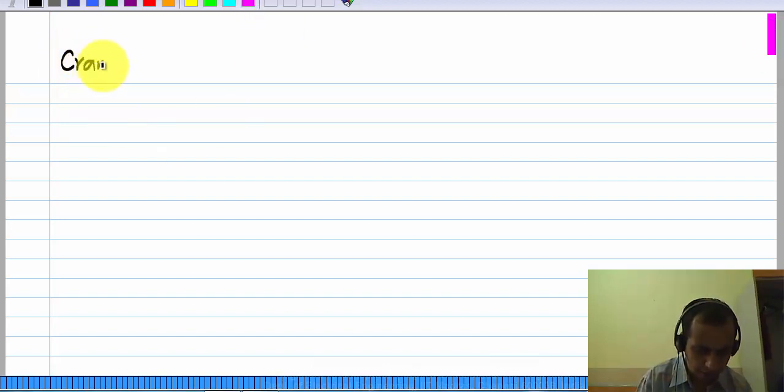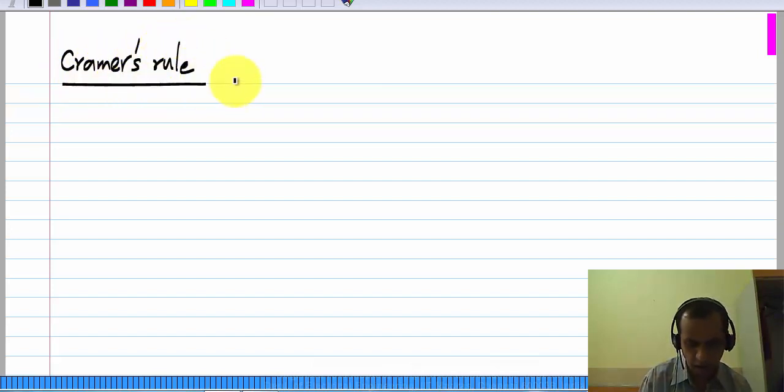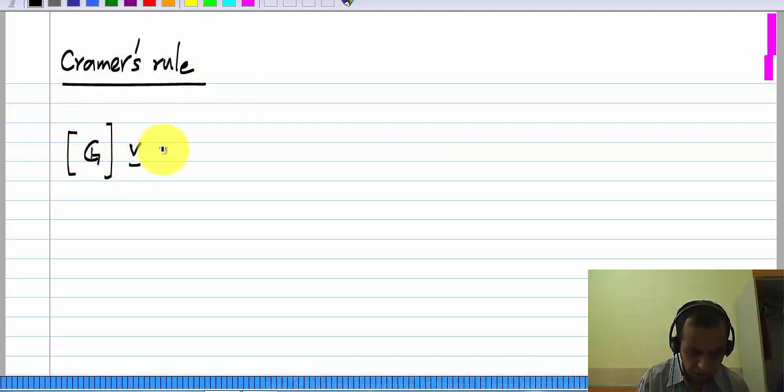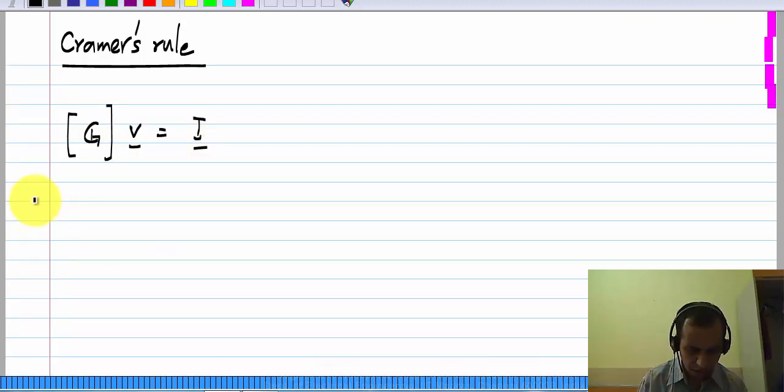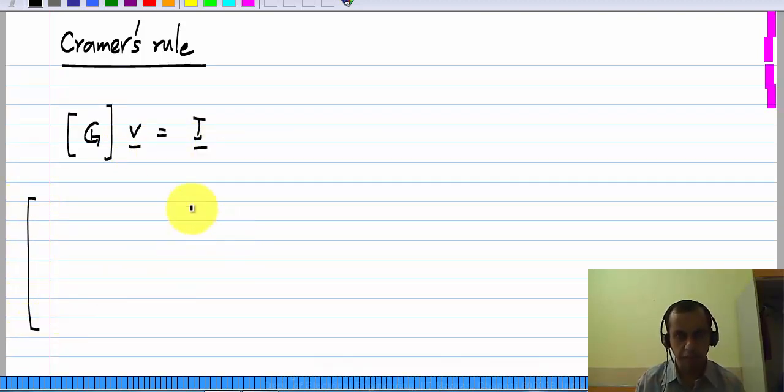Only one other thing I will mention is what is known as Cramer's rule. Let me take my nodal analysis equation, G times V is I. I'll assume a 3 by 3 matrix which corresponds to a 4-node circuit, which is described by 3 KCL equations.